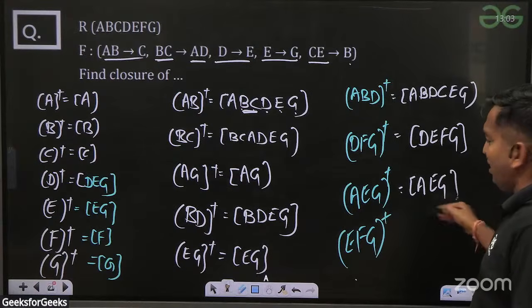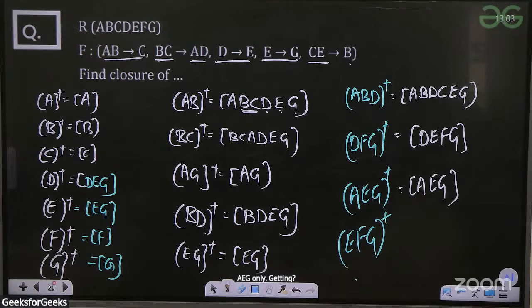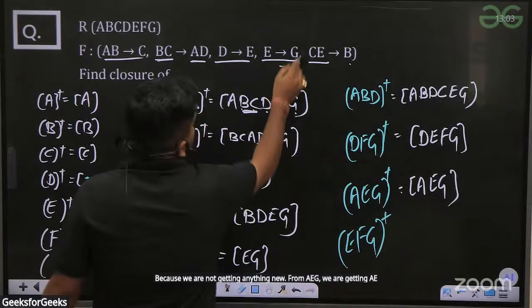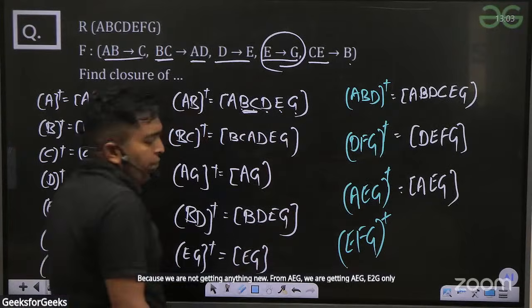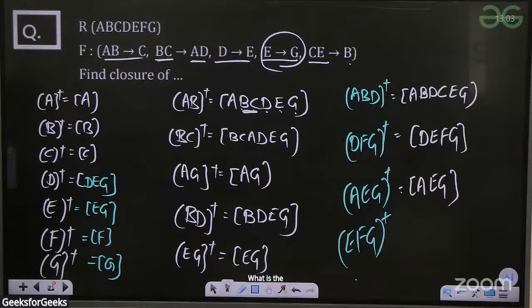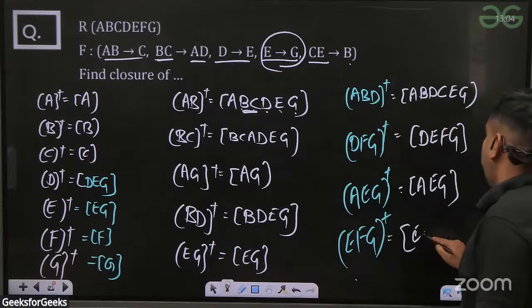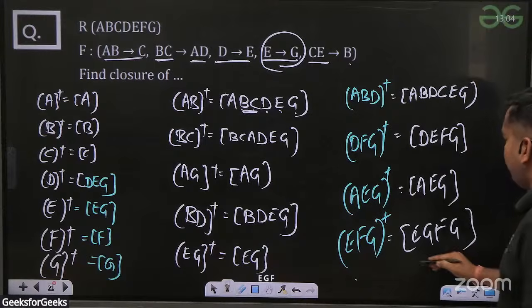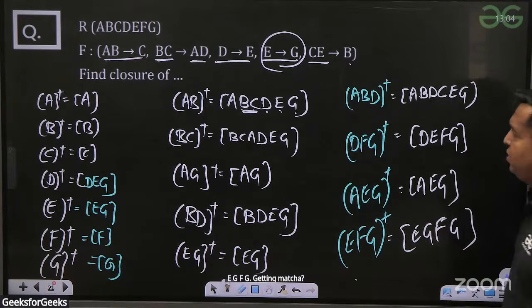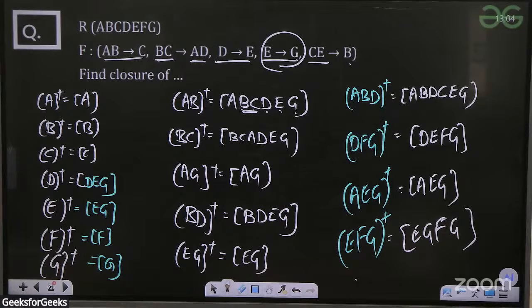A, E, G only, because we are not getting anything new. From A, E, G we are getting A, E, G. E to G, we already have. What is the closure of EFG? E, G, F, G. Clear? Everyone?